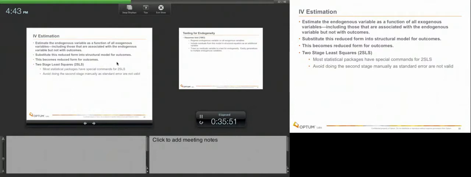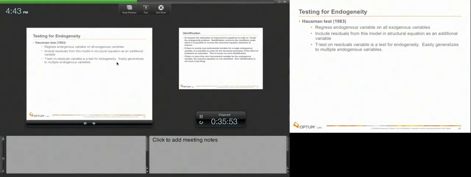And Hausman back in 1983 came up with a couple of different tests, one in 78 and one in 83. But the idea basically is to know whether or not you've got an endogeneity problem. The challenge is whether the residuals are correlated with the outcome.